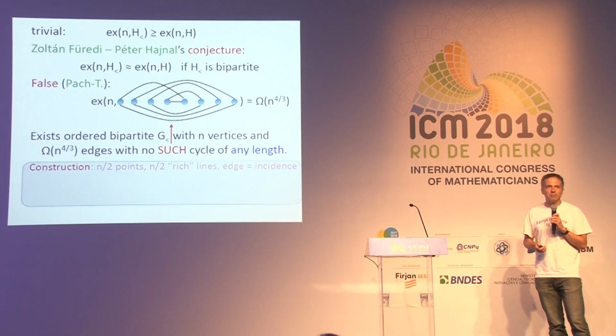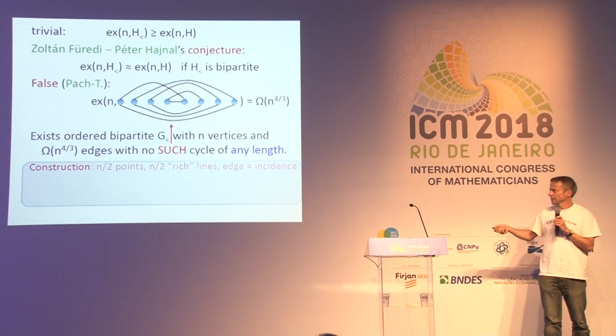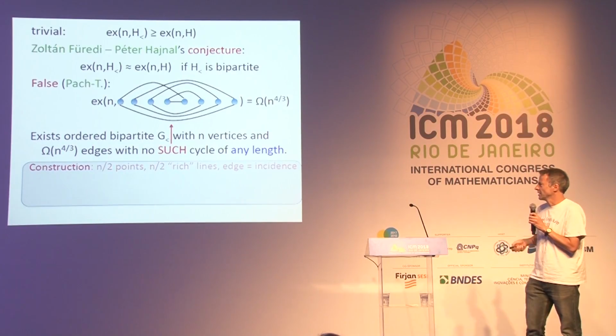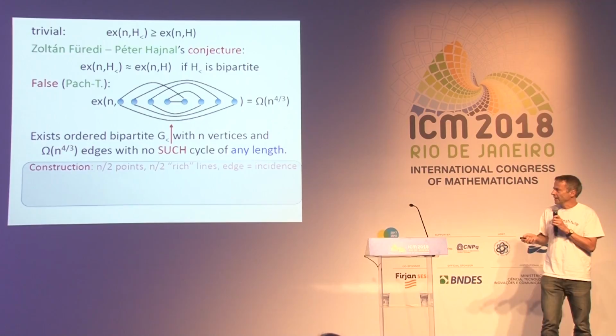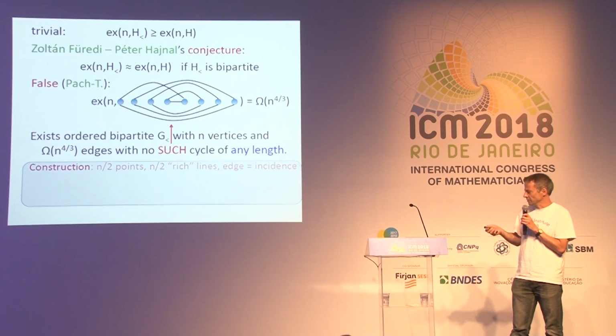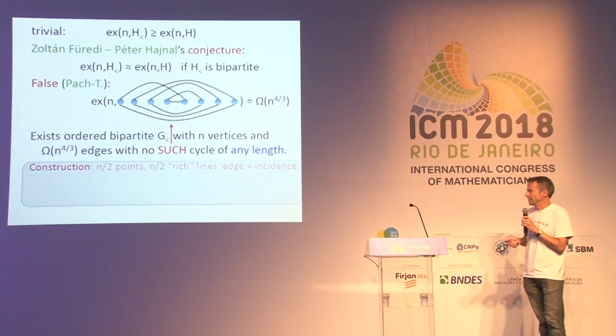So there are examples, and not very hard examples, like you can take a square grid as the set of points and the rich lines on the square grid, where this is actually achieved. So you can have a graph with n to the 4/3 edges.